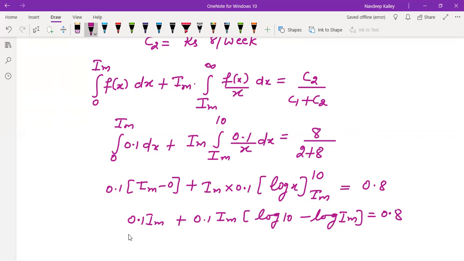After solving this equation, we will get the value of Im as 4.5.